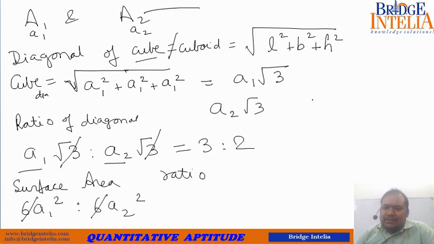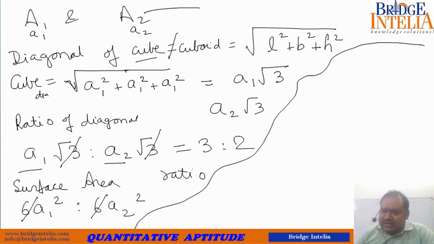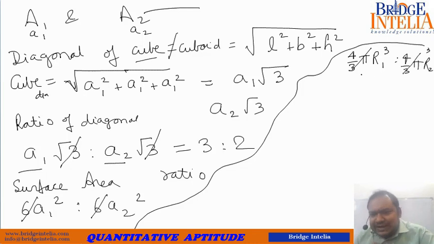So please remember, if you are comparing two geometrical entities, so let's suppose I am comparing volume of two spheres. So the formula for volume of a sphere is 4 by 3 pi r cube. So if I am comparing this, basically this 4 by 3 pi and 4 by 3 pi are going to get cancelled.